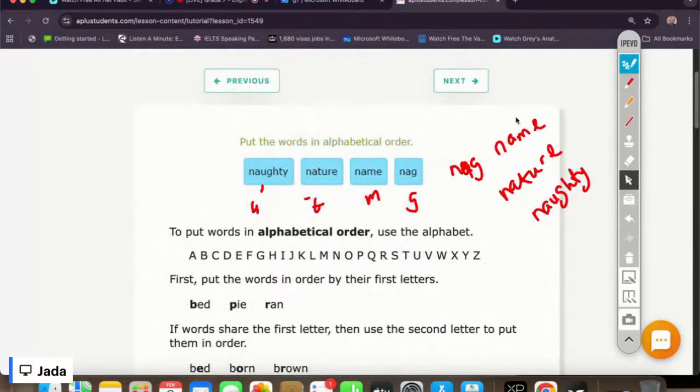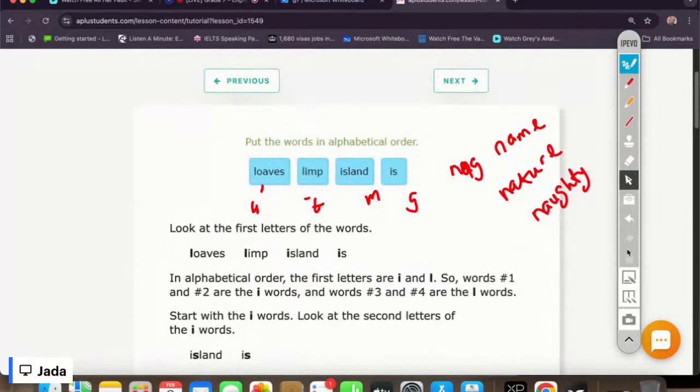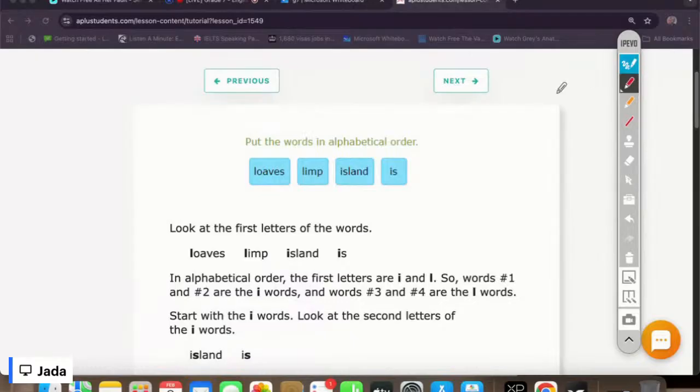After putting it in front, you continue with the rest. So we have loaves, limp, island, is. What do you think is the right answer? You have to look at it, L or I first. So of course I comes first.